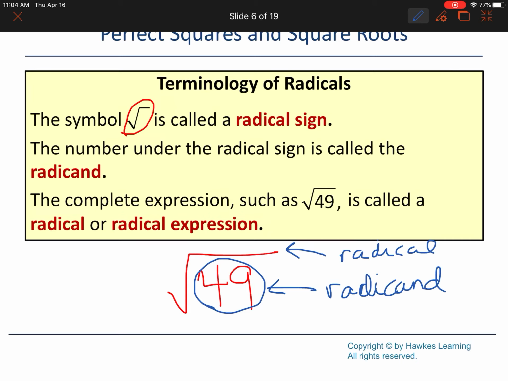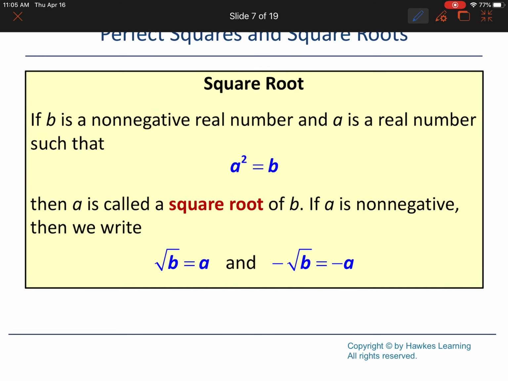And when we talk about this whole thing, we're talking about a radical expression. So if we say radical expression, it means that it's got this radical sign in it, right? So the radical expression is a way for us to talk about a square root.